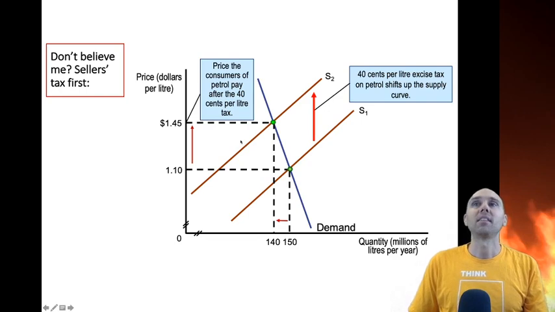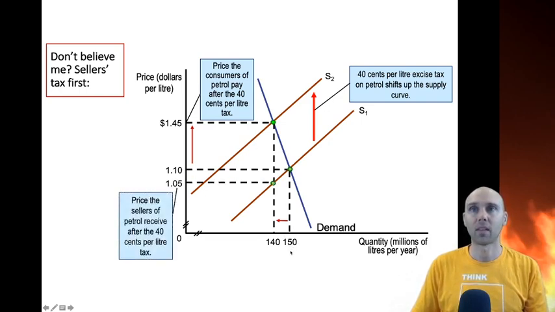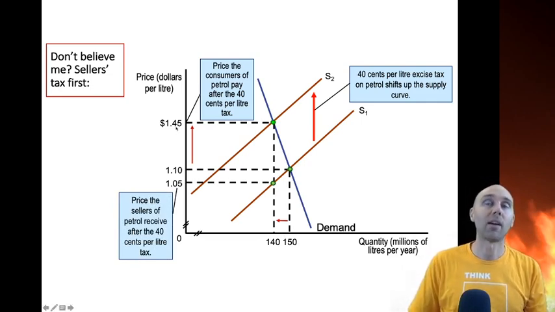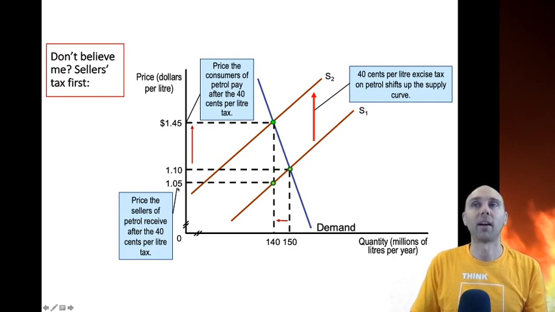So in this case, the price that consumers will pay afterwards is now $1.45 instead of $1.10, and the quantity is decreased from 150 million litres per year to 140 million litres. The price that the sellers receive after being paid $1.45 per litre, they've still got to pay that 40 cents to the government. So they only receive $1.05 per litre.